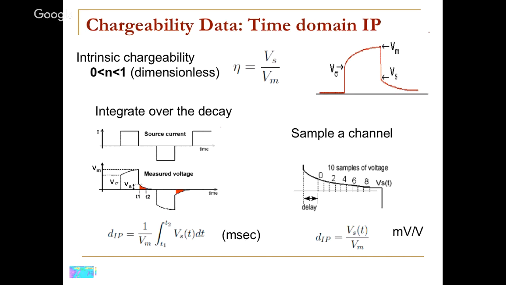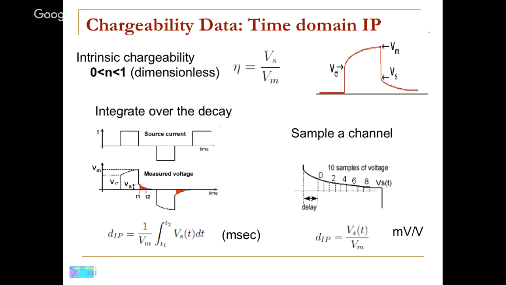Okay, so just to recap, turn the current on, we get something that looks like this. We get an over voltage. Turn it off. There's some ratio here between what this secondary voltage is to the primary. That could give us our intrinsic chargeability, bounded between 0 and 1.